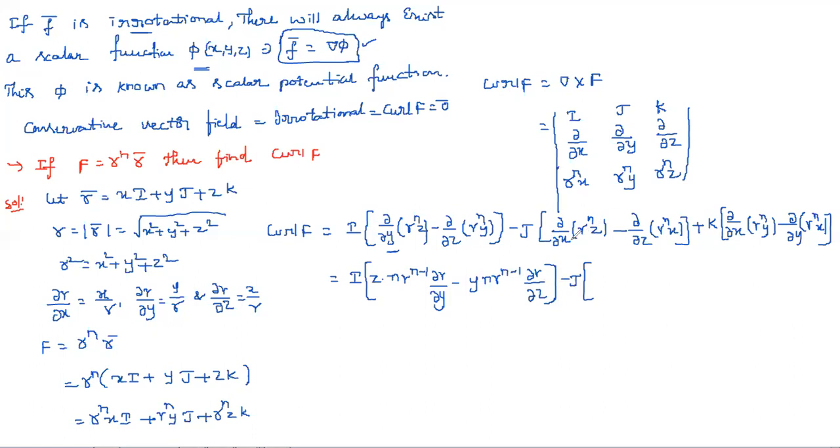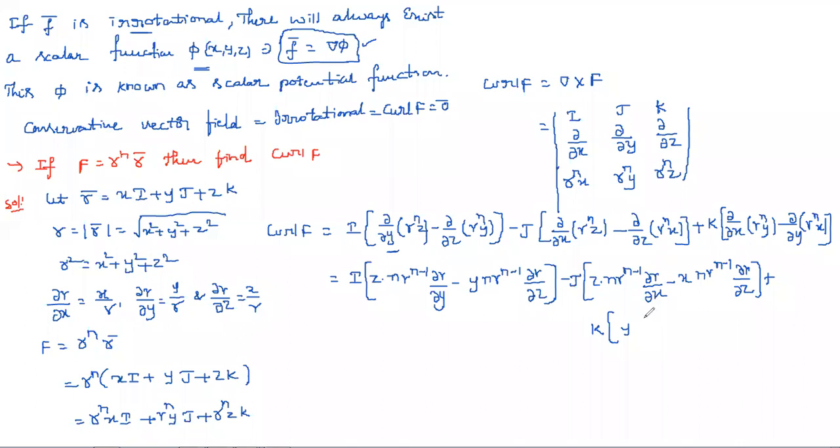See here, minus j into r^n z, which is z into the derivative of r^n, n r^(n-1) ∂r/∂x, minus, here also the same thing, x is a constant, n r^(n-1) ∂r/∂z, plus k into, same like that, r^n y.